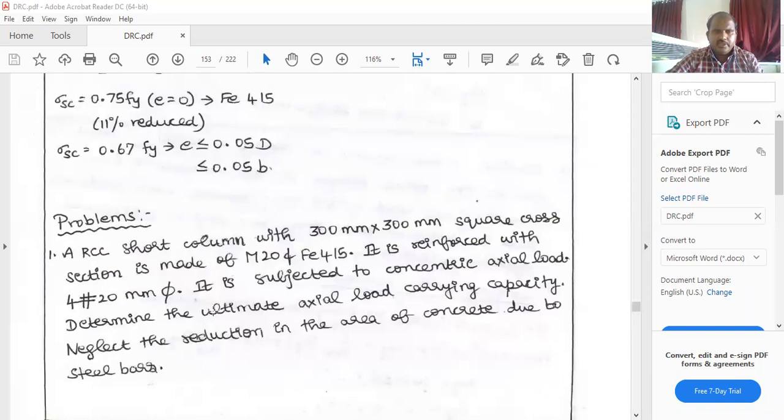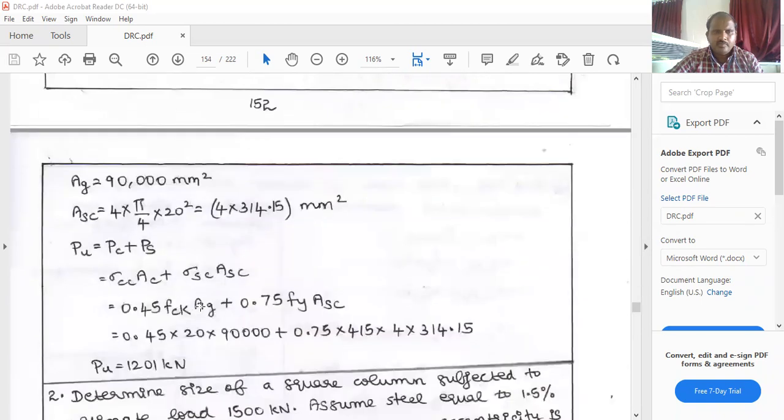Determine the ultimate axial load carrying capacity. Neglect the reduction in the area of concrete due to the steel bars. First, we have to find out the area of cross section, that is 90,000 mm square, and Asc, 4 into pi by 4 into 20 square. P is nothing but Pc plus Ps, and finally the load is 1201 kilonewton.